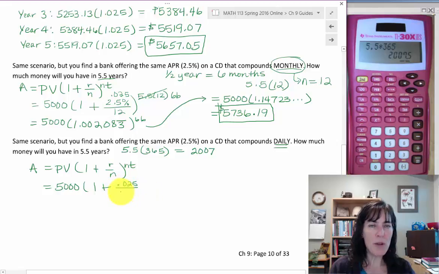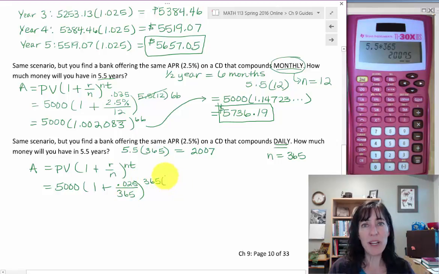And the number of compoundings daily, that's how many days are in a year. So my N is 365. So over here I have 365 raised to the 365 times my T, and that was 5.5, remember? And that came to 2007.5, but remember, we're not going to get that half day of interest, so we'll call it 2007.